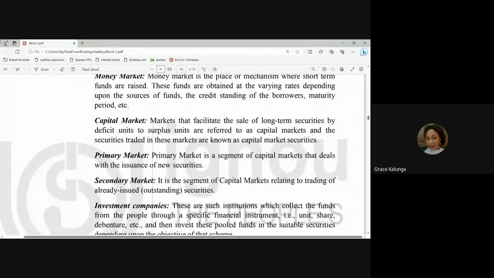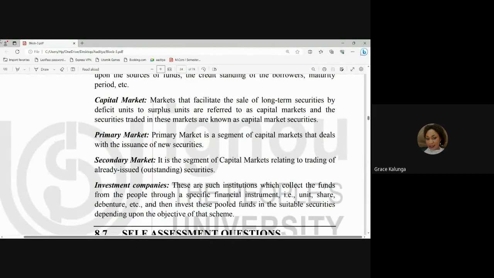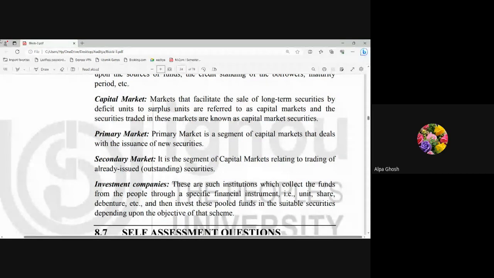Ma'am, just so that I am getting you clearly, the central bank, can we say it's part of the capital market? Am I right to say that? Central bank, no. Central bank is the bank which frames rules, policies, guidelines for money market. Because capital market is securities market, and when we talk about securities market, it is governed by some other regulatory authority.